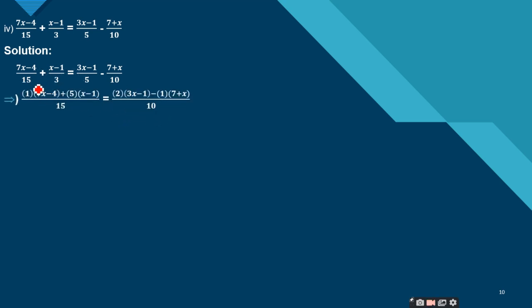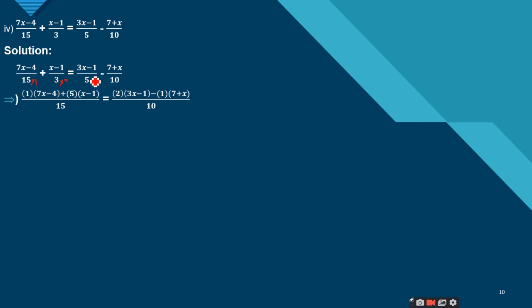So we have 15 and 3. We have numbers in the denominator, so we have to find their LCM, and their LCM is 15, which means that we multiply 15 by 1, we multiply 3 by 5 to get the answer of the LCM. Similarly, here we have 5 and 10 and the LCM is 10.